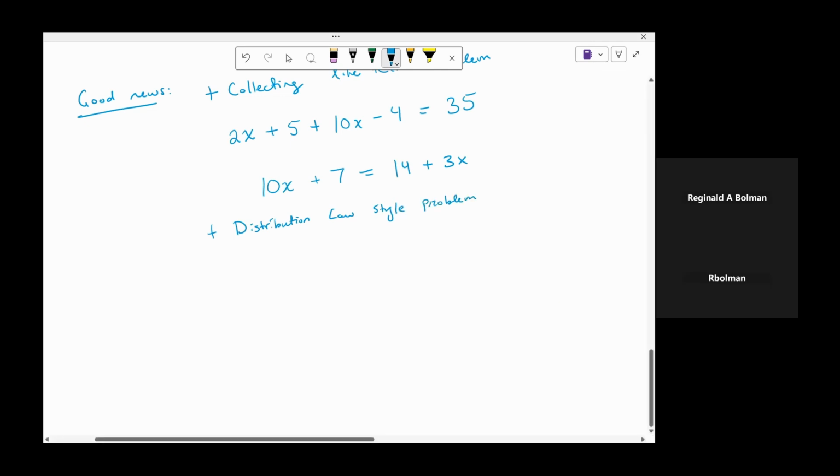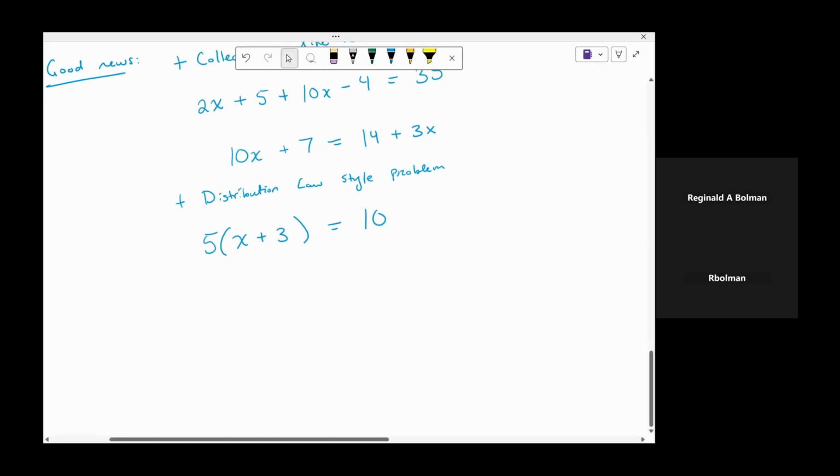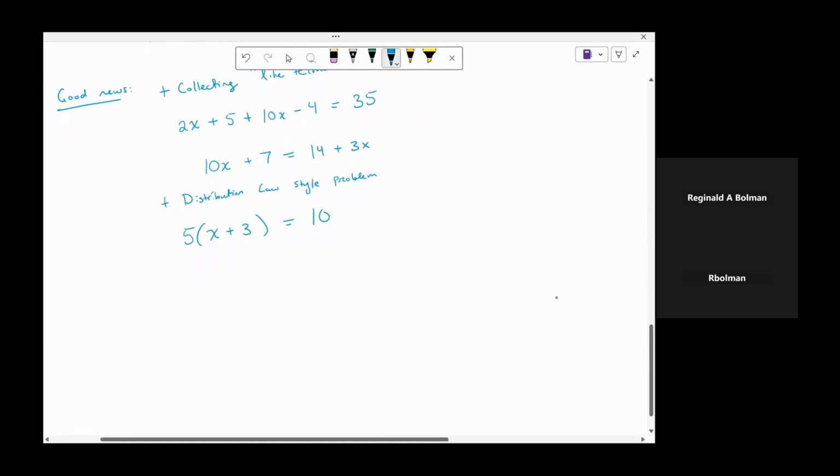For a distribution law style problem statement, you're going to be faced with an equation where, as the name implies, you're going to need to use the distribution law in order to solve it. In the simplest forms, you'll have some number which is multiplied by a sequence of terms that are either added or subtracted from each other, and that is equal to something else. So that is the simplest form of a distribution law style problem.